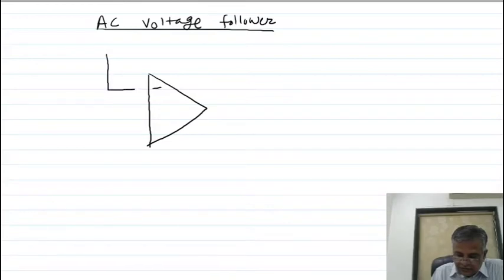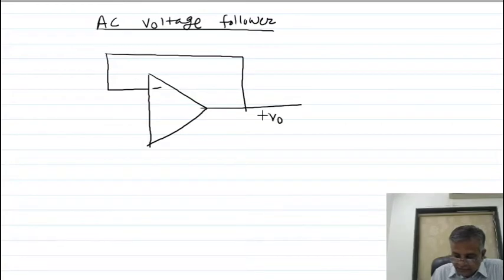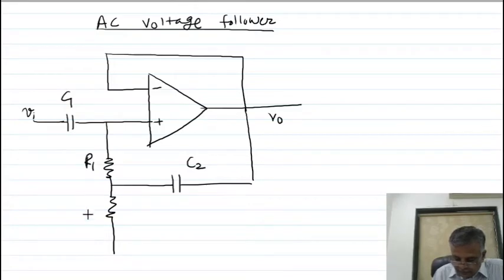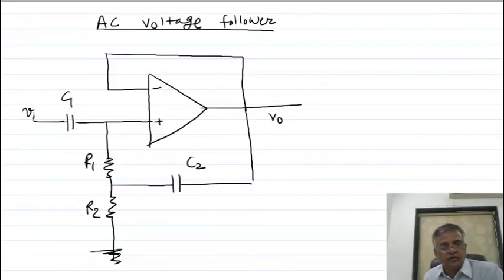This is the circuit diagram of a voltage follower. You are giving the input signal to the non-inverting terminal. Here the bootstrap capacitor is used in the output section. This is a circuit diagram of an AC voltage follower. This is called the bootstrap capacitor.